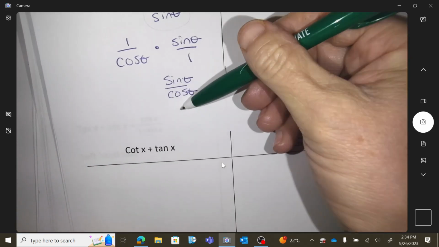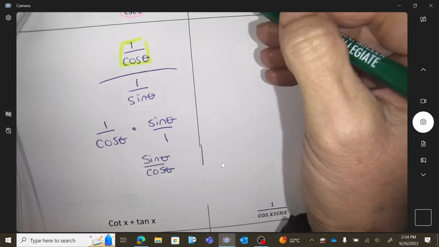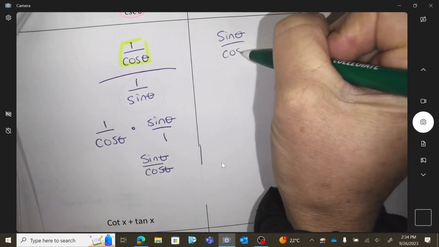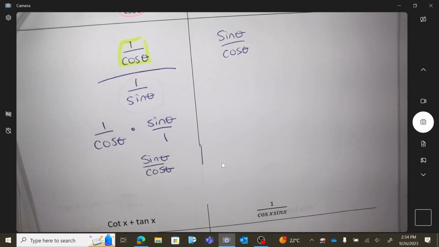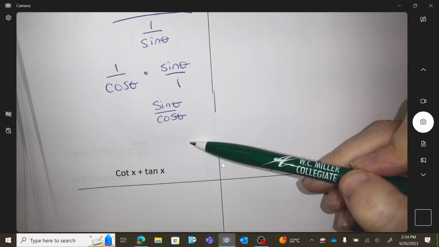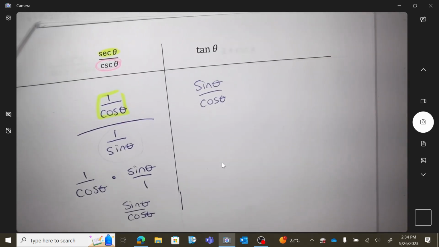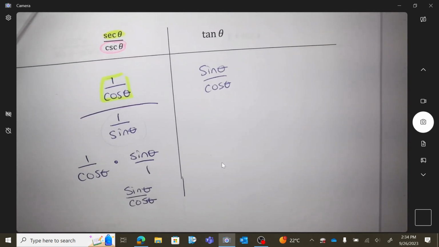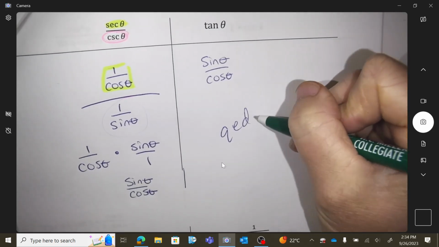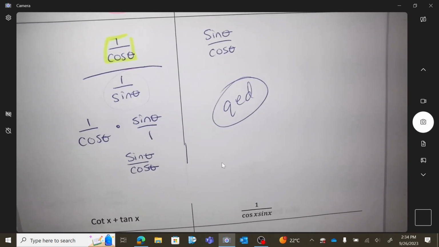So you could write that underneath, or you can work on this side and make this statement. You can work on both sides until you've matched somewhere. So you could have gone under here and written just tan theta, or you can work down from that side, as long as you're making the appropriate substitutions.